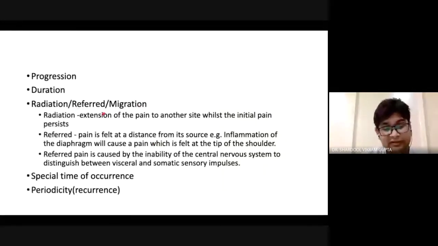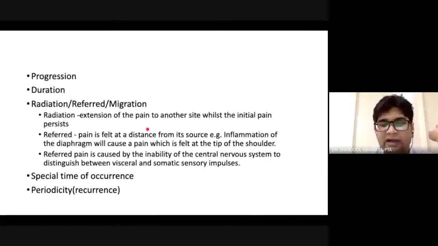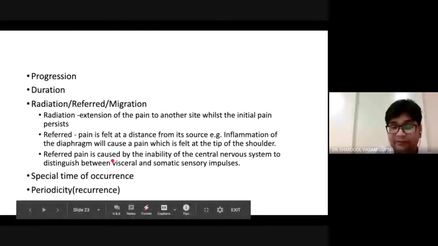Radiation is extension of the pain to another site while the pain persists. Like if I have a pain in the chest which goes to the left arm, but the chest pain is not disappearing, then it is radiation of the pain. Referred pain is felt at a distant site, but there is no pain at the original site. It was never felt there. And what is shifting of pain?